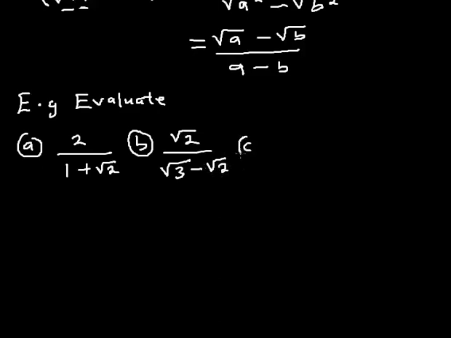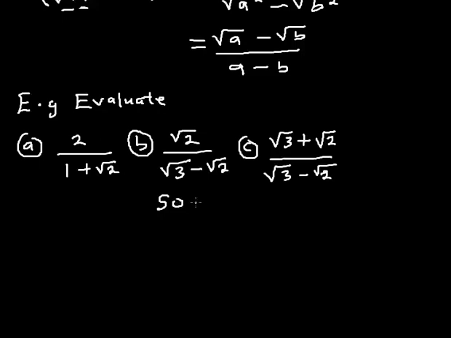C: root 3 plus root 2 over root 3 minus root 2. Okay, all of them are fraction divisions.